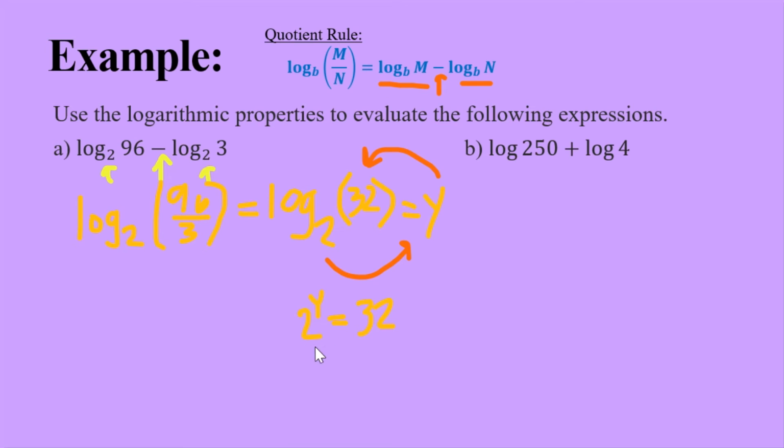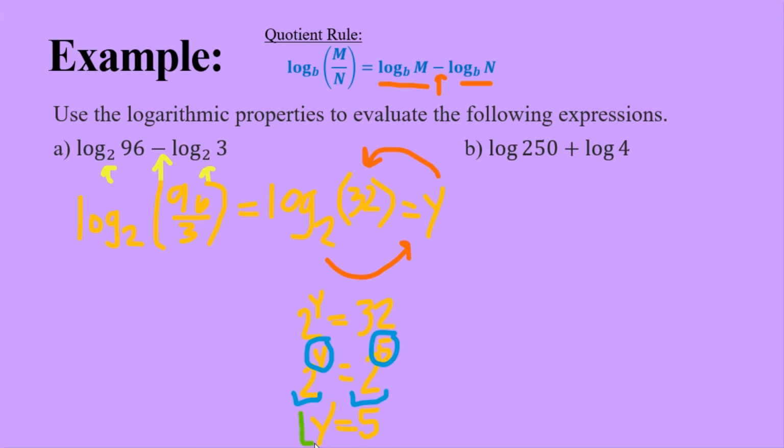So let's rewrite 32 as 2 to some power. 32 is the same as 2 to the 5th power. Now you can see we have the same base on both sides. Anytime that is the case, the exponents of those bases must be equivalent. So therefore y must equal 5.